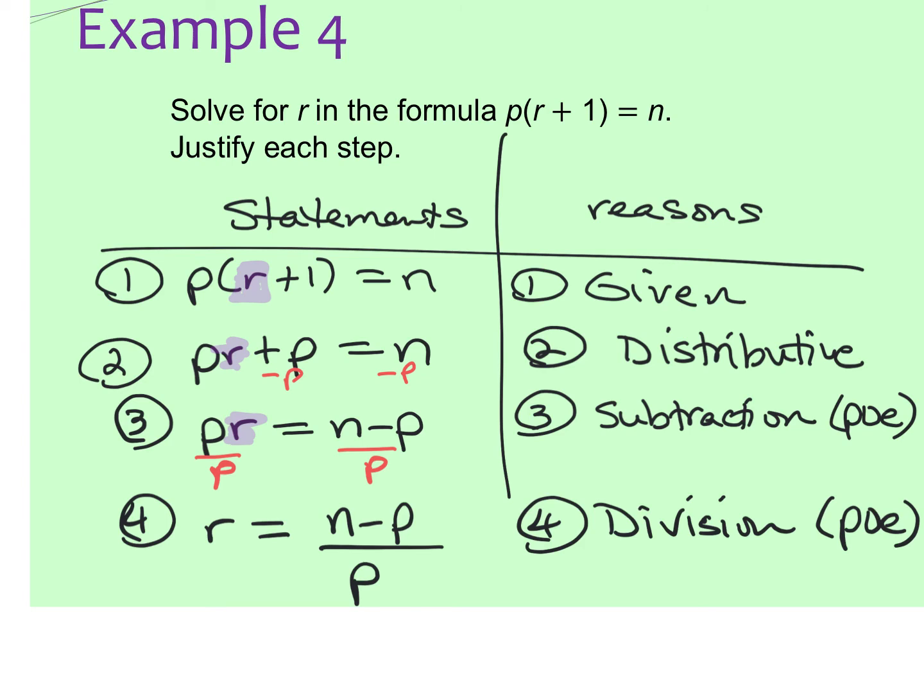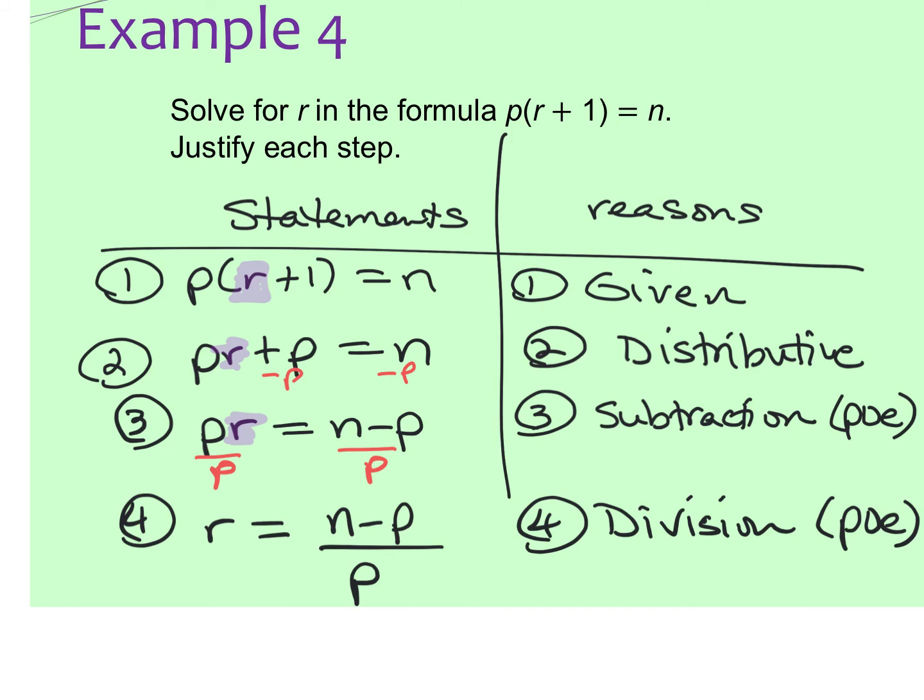All right, the last example is a preview of what's to come. So tonight's homework is just algebra. You will not have any geometry proofs, but the next example is a geometry proof, and it's what we're going to do tomorrow in section 2.5.